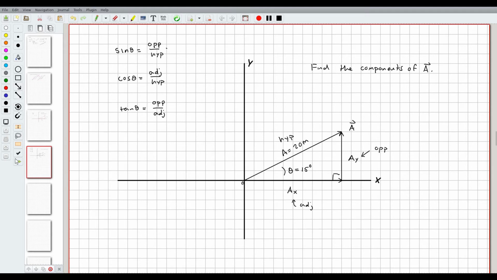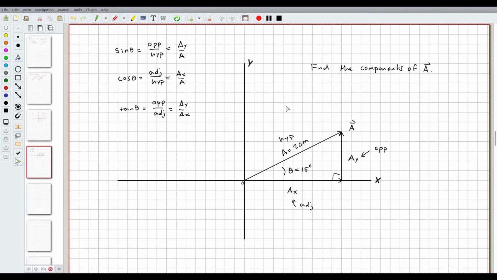So, sine, for example, relates to the sides of our vector right here, or the components of our vector, the following way. It's Ay over A. Cosine is Ax over A. And tangent is Ay over Ax.